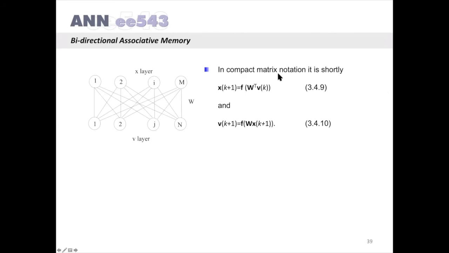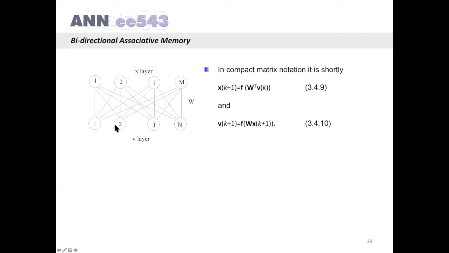In compact matrix notation, briefly, the X vector, the outputs of the neurons here at time k plus 1, is calculated as the f function applied on the weight matrix transpose multiplied by the V vector here at time k.